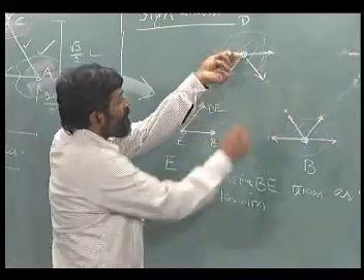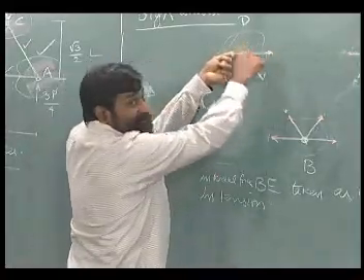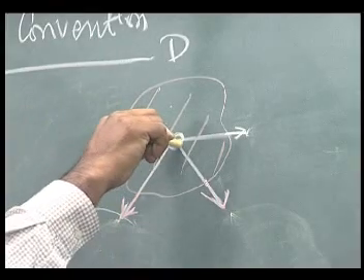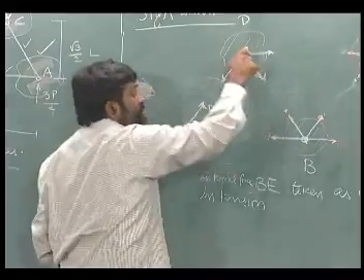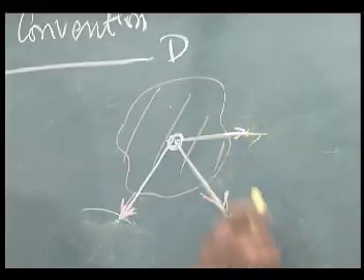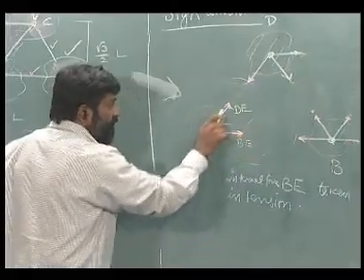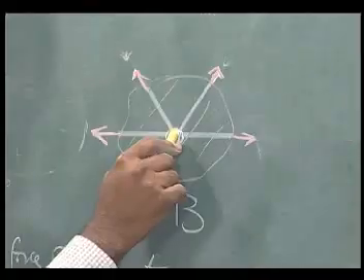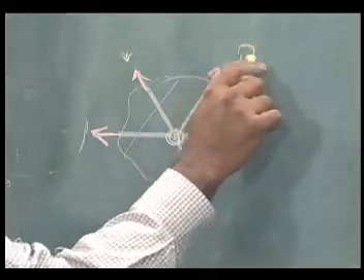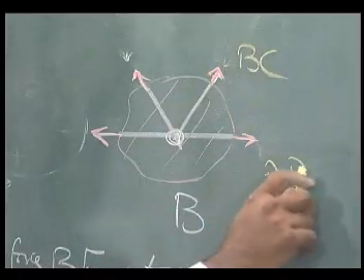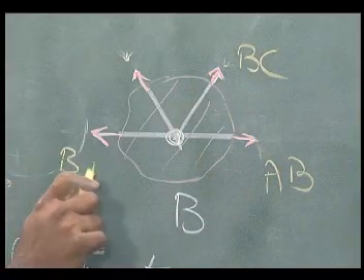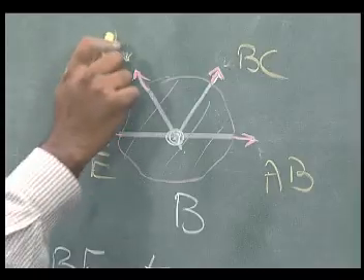If I take this, they are all emanating from this particular joint, emanating like this, like this, like this. Similarly, at point B, emanating like this, BC, like this, AB, like this, BE, and like this, BD.